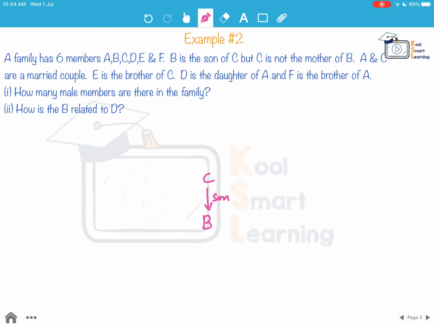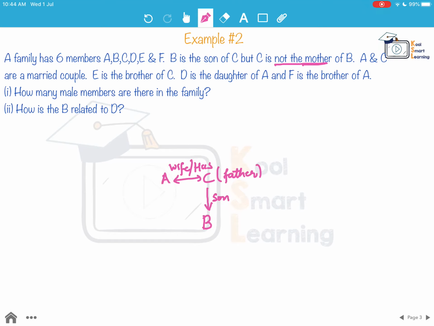And now C is not the mother, means he has to be the father. C is the father of B. Now A and C are a married couple. So this is wife, husband. So A is the wife, C is the husband, and he is the father of B.